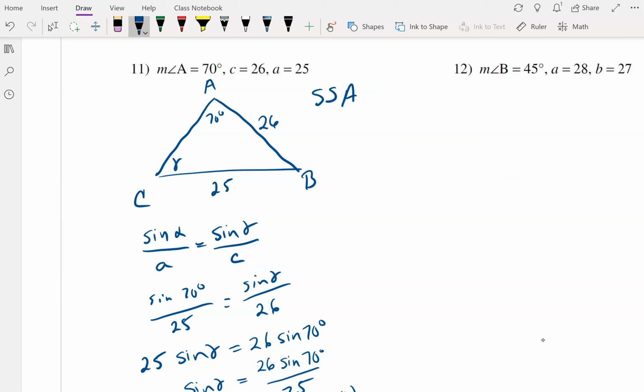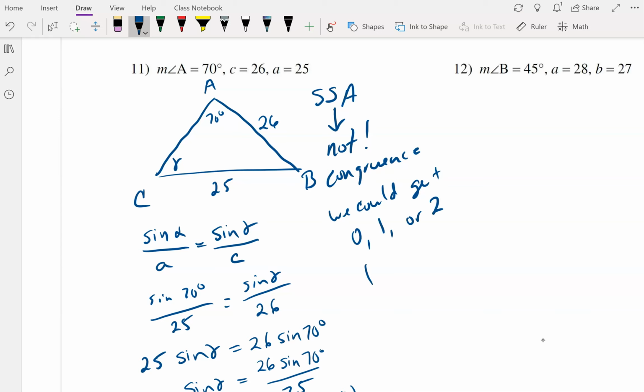Notice that you can rearrange the letters of this thing if you think about angle and side. It gives you a way to understand why this is not true. So this is not a congruence theorem. What that means for our purposes is that we could get no triangles, one triangle, or two triangles.